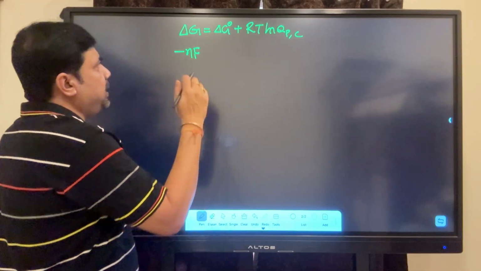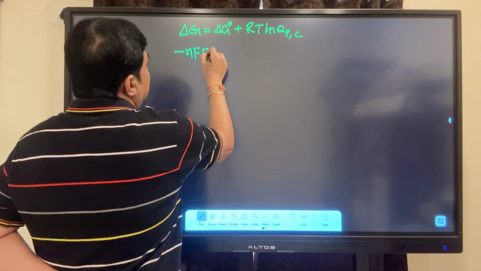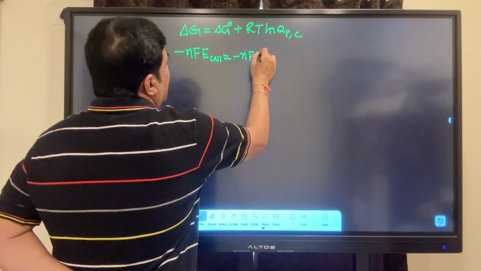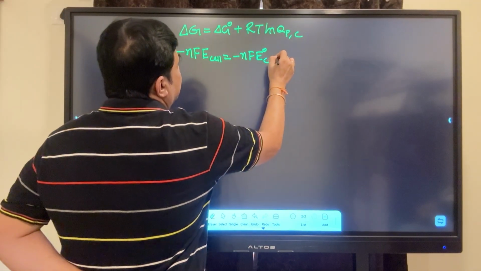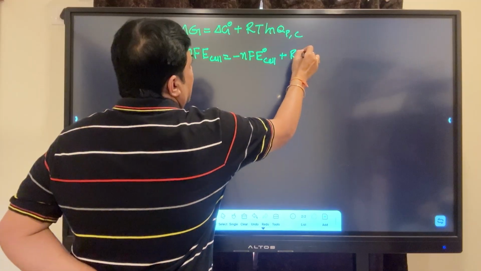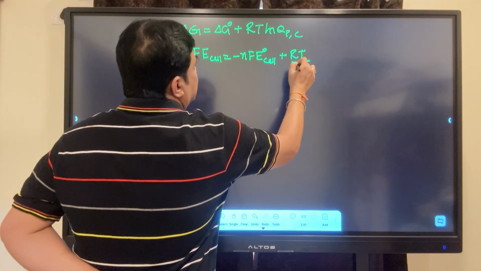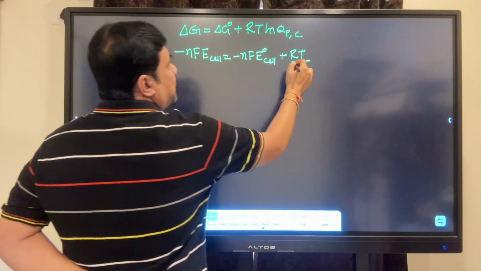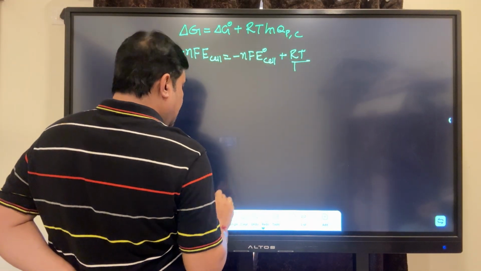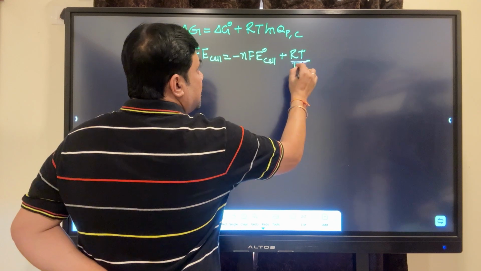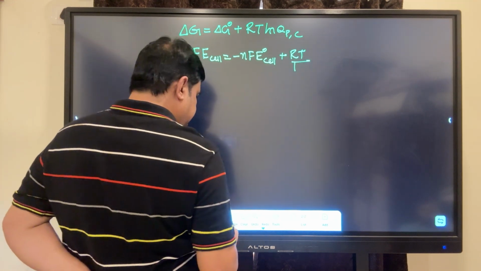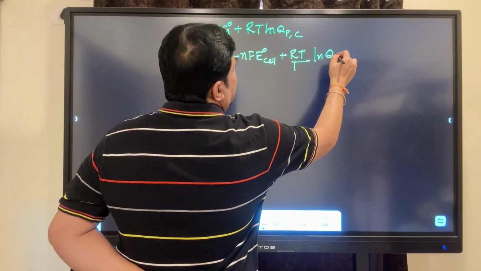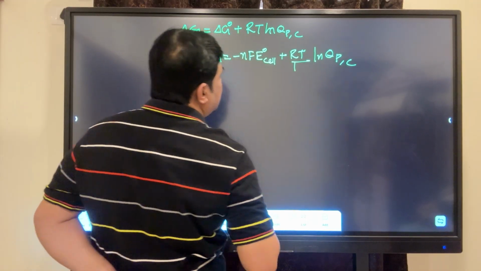That's why minus nF E cell will be equal to minus nF E naught cell plus RT ln Qpc.